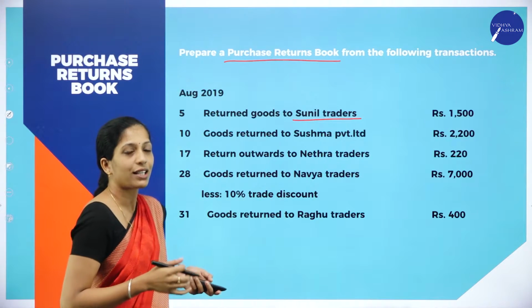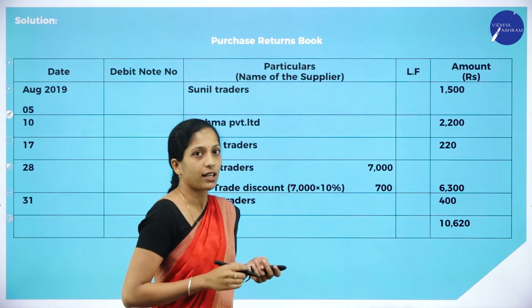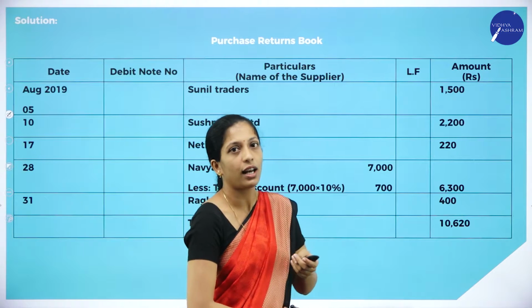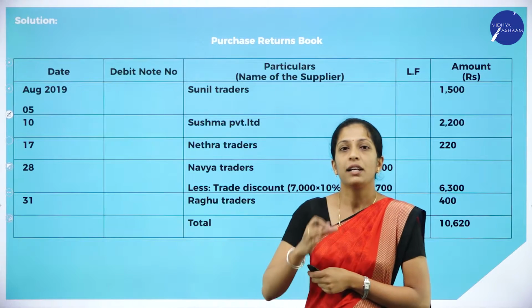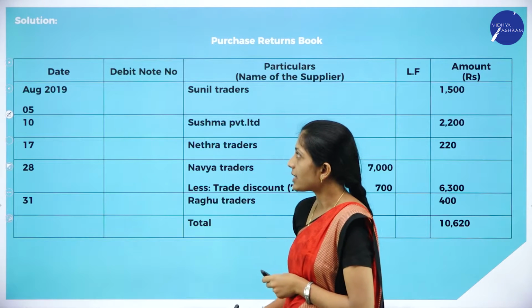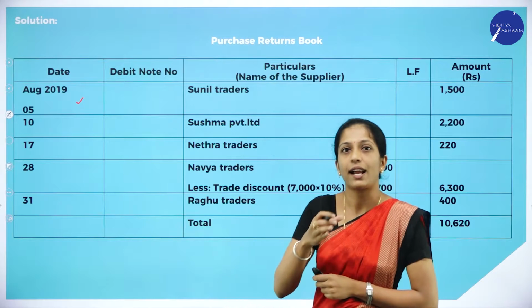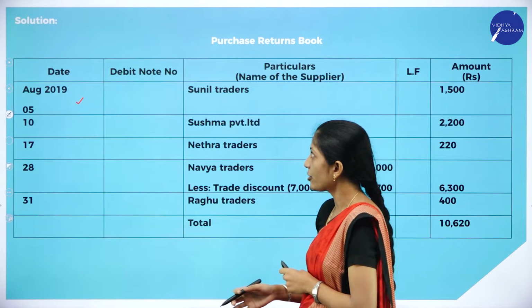Now how to record this transaction? So you know the format of purchase return book. You will be having date column, debit note number, name of the supplier, ledger folio and amount. The first transaction has taken place on 5th August 2019, so you will write the date of that particular transaction.